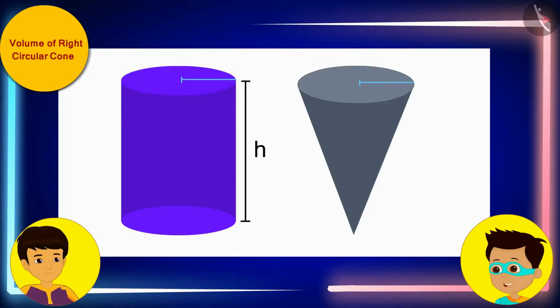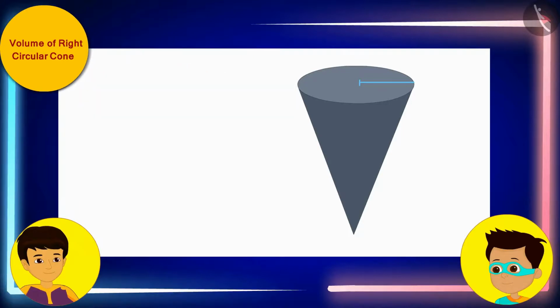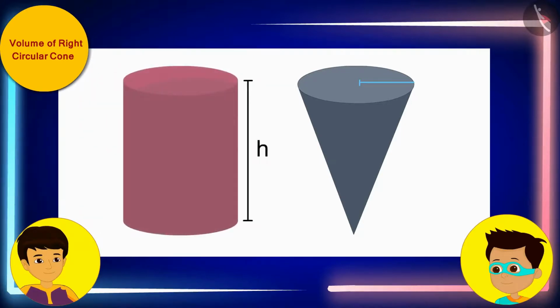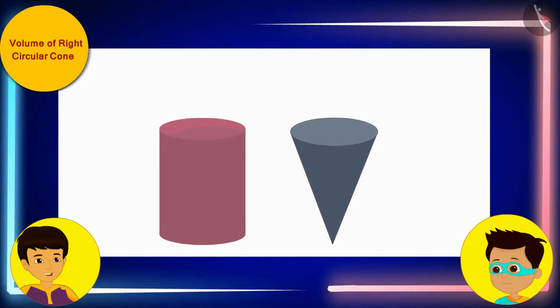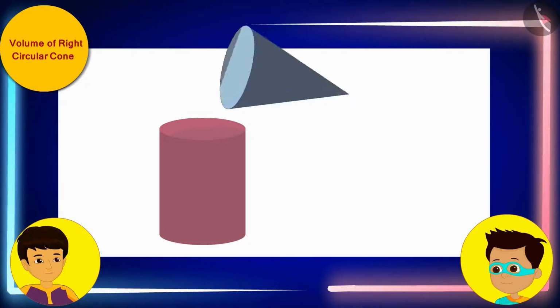Of course, I'll bring it right away. Here, take this, Manas. Thomas, now we will first fill this long circular conical vessel completely with water up to the brim and pour this water into this cylindrical vessel.